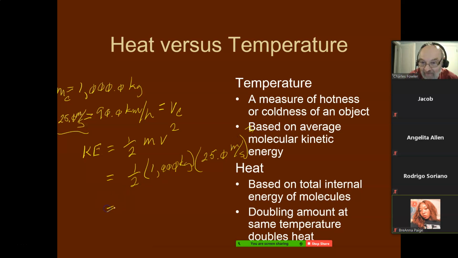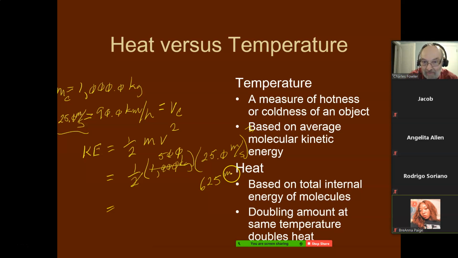Now that's going to come out to be a big number. I'm going to first take half of 1,000, make it 500. And 25 squared is 625, I believe.